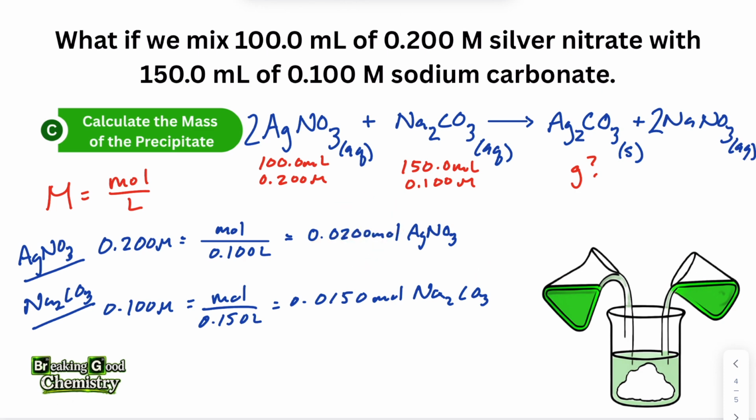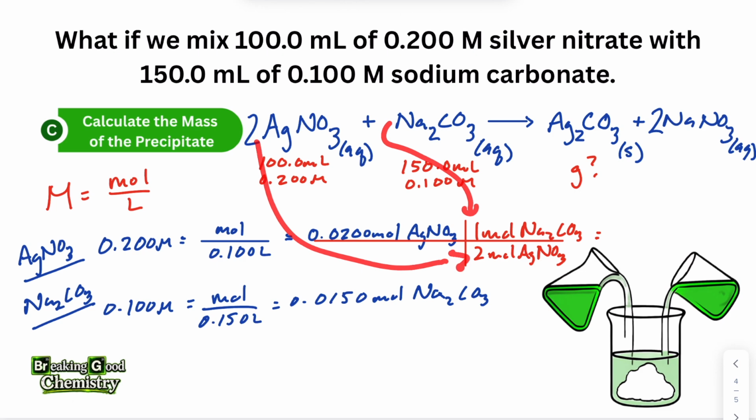If you're not sure, you can also do a little quick stoichiometry and compare it to the other one. So for every 2 moles of AgNO3, I want to get rid of the unit, so that's why this one has to go down here. I have 1 mole of the Na2CO3. See, the 1 goes here, 2 goes there.